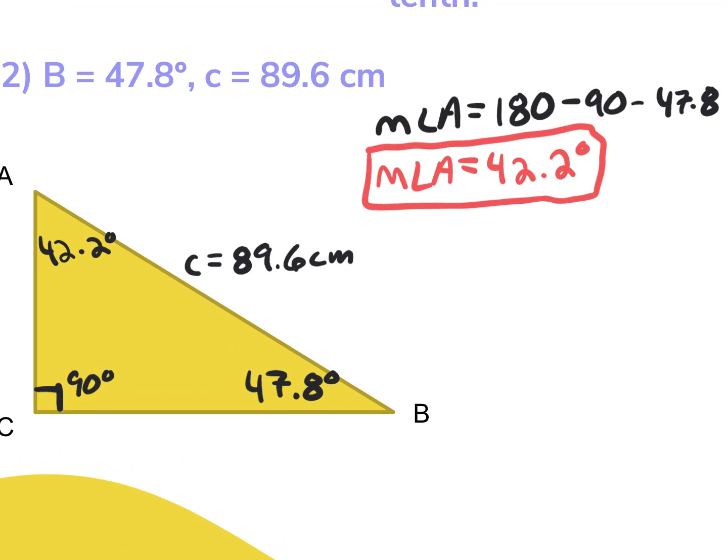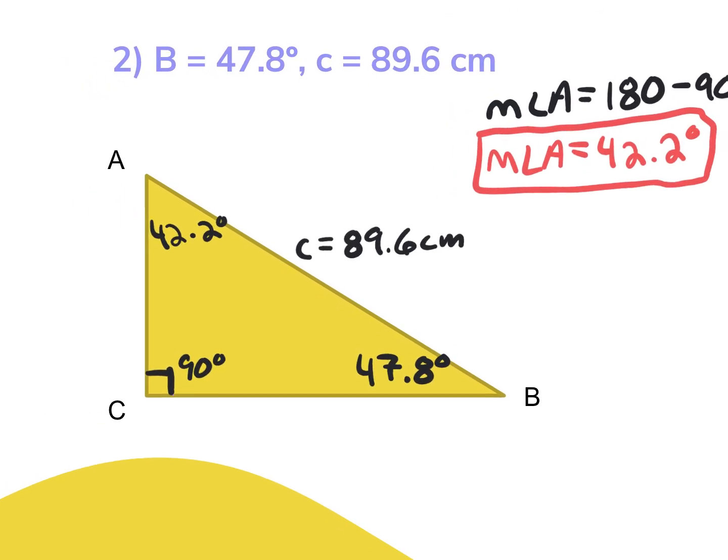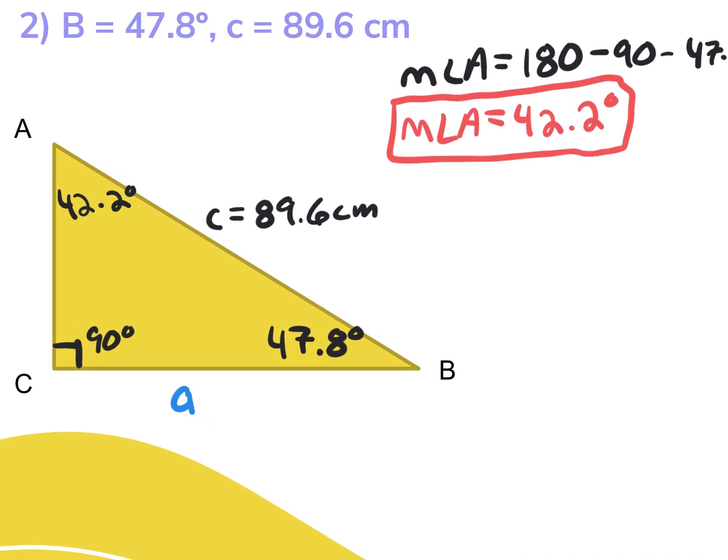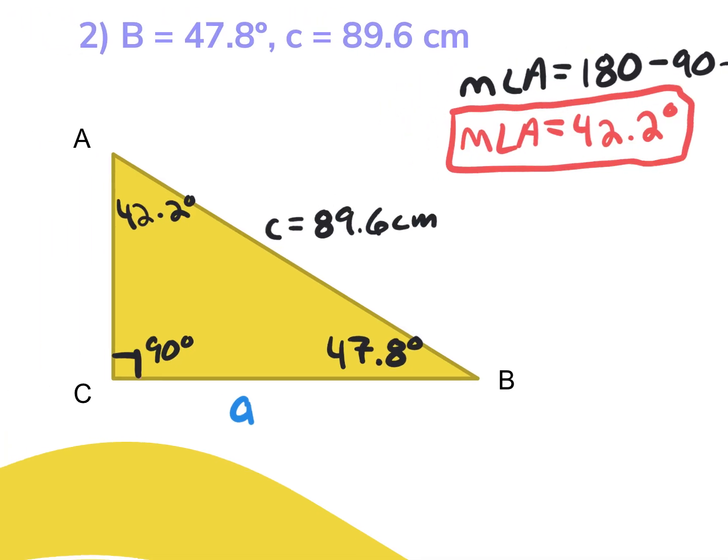Let's just say I want to find side A. We're missing side A. Let's try to find side A. What can we do to find A? Okay, so we're going to do something with that number, but you're going to need to use one of your two angles.